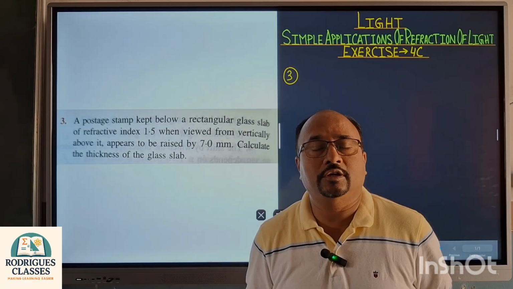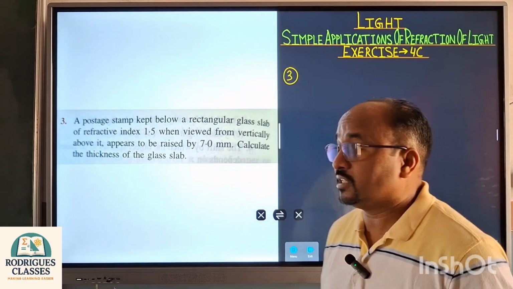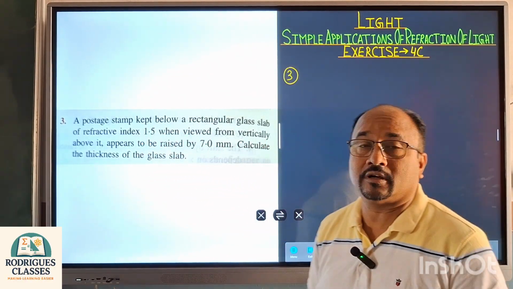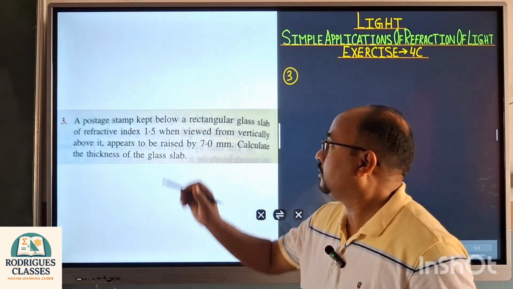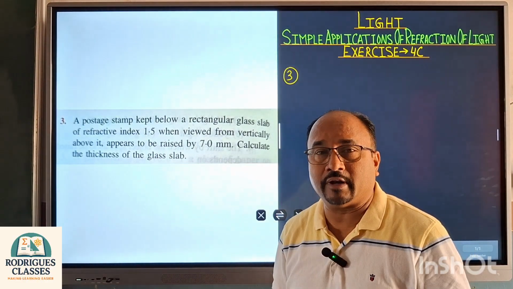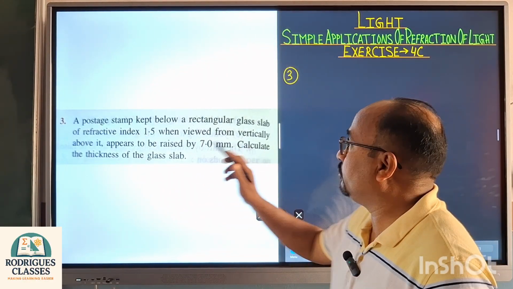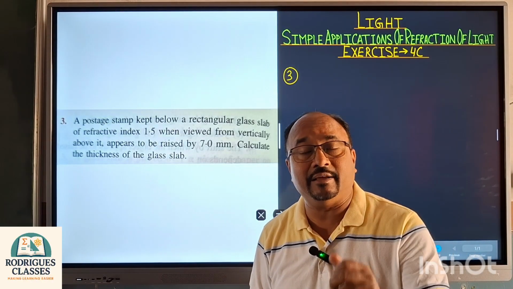So let us come to the third and the last numerical of this part. Question is like this: a postage stamp kept below a rectangular glass slab. So there's a postage stamp and a glass slab has been put over it. It has a refractive index of 1.5. So the refractive index of the medium is given to us. When viewed vertically above it, it appears to be raised by 7 millimeter.